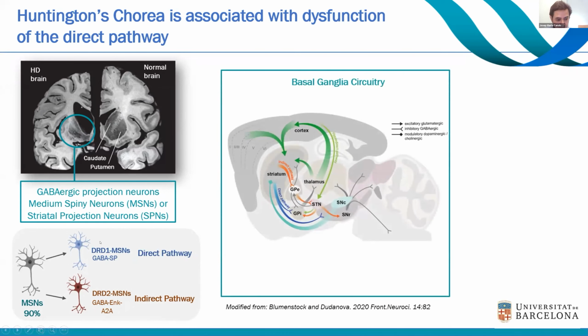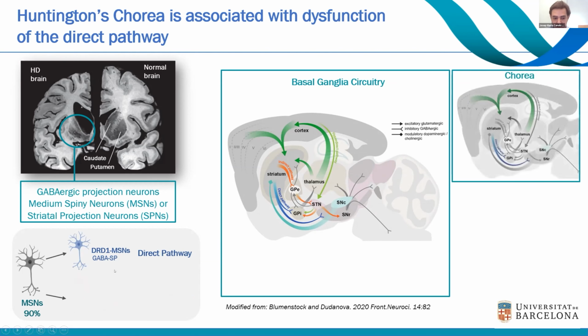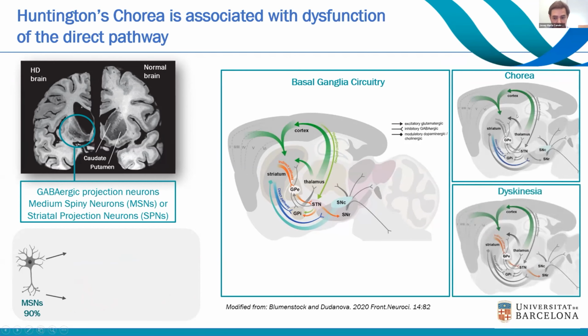The fine control of the stimulation of these two pathways allows us to control the specific movements of our body. However, when the D2 neurons degenerate, there are hyperkinetic movements known as chorea, and when the D1 neurons degenerate, we can find the dyskinesias observed in the late stages of the disease.